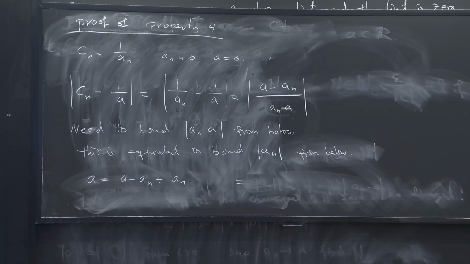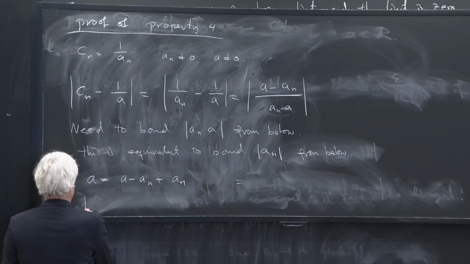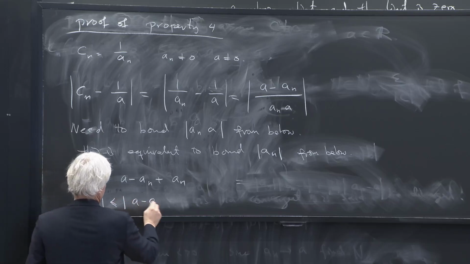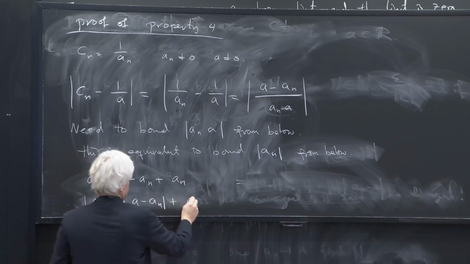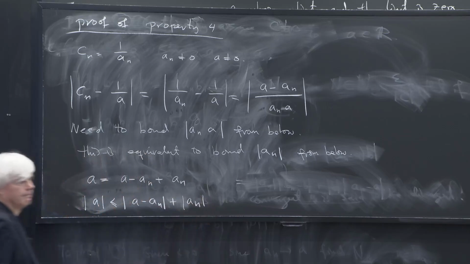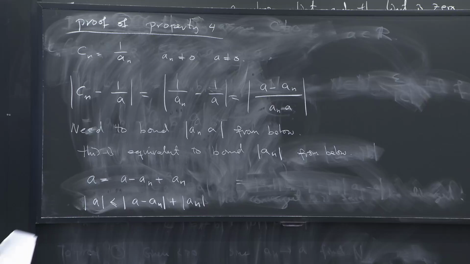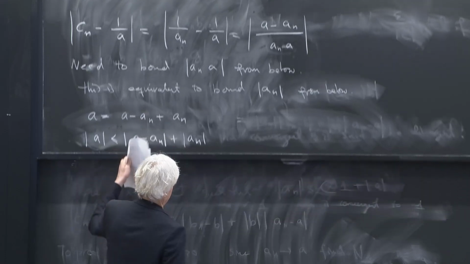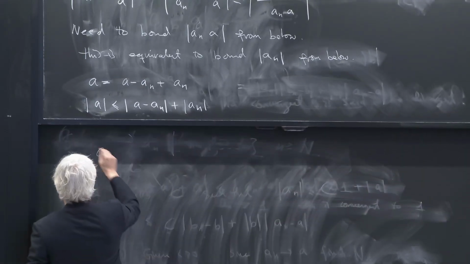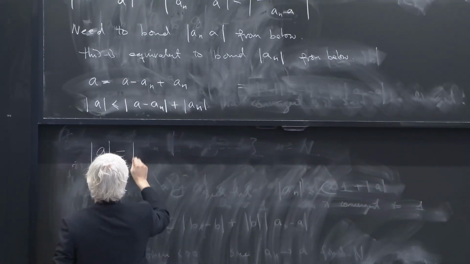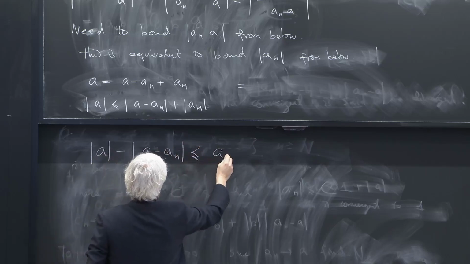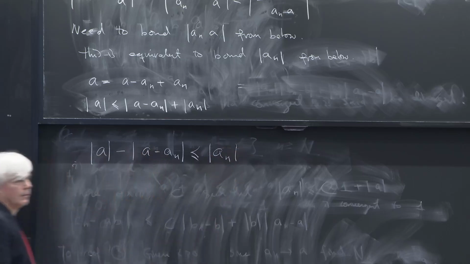Then the absolute value of A is bounded by the absolute value of this difference plus the absolute value of AN. Now I can move this over to the other side, so this implies that the norm of A minus the norm of A minus AN is less or equal to the norm of AN.